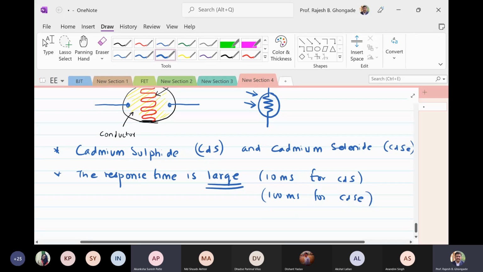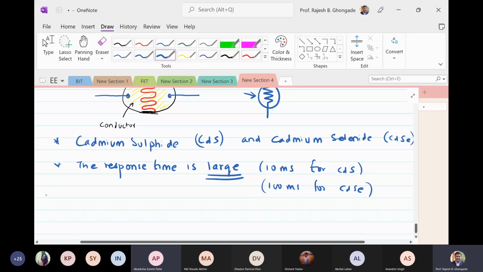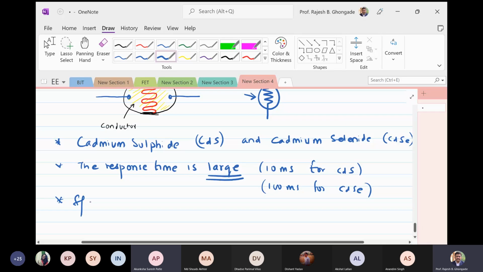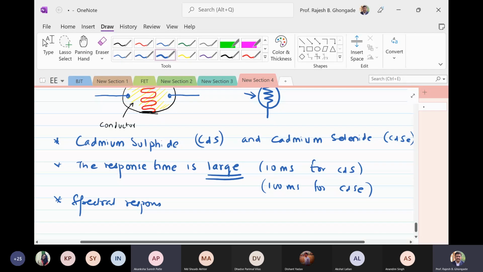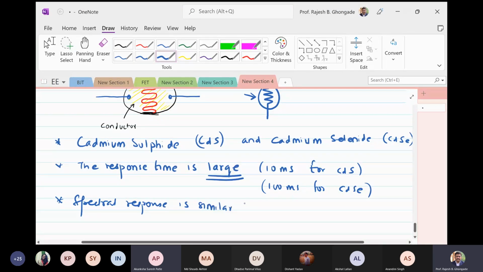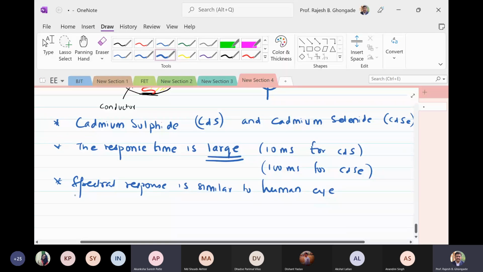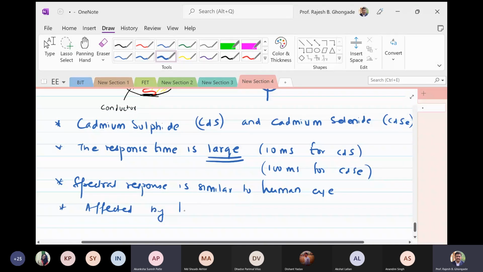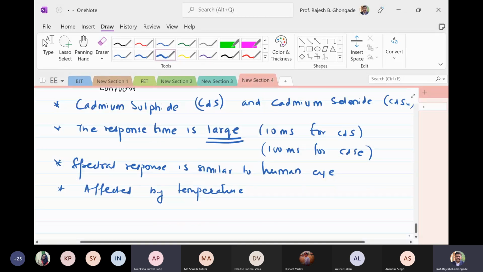Spectral response is one very important advantage: the spectral response is similar to the human eye, but again this device is affected by temperature. So it is temperature sensitive.